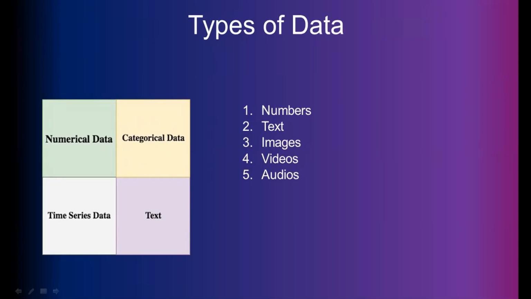We will have this many pixels for one specific image, and those pixels will have numerical data in the backend. So whatever images I have in the backend of computer systems will be stored in the form of numerical data itself. So I can consider that images are one type of numerical data itself.